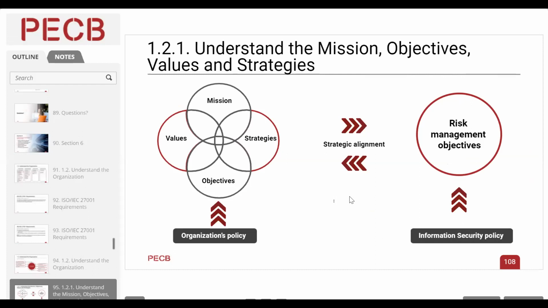Okay, we need to understand where the organization is going. With that determination, that ensures that the information security objectives are aligned with the strategic direction of the organization.